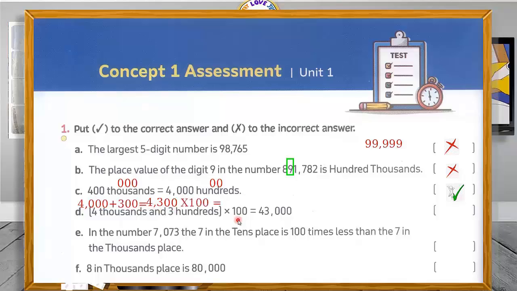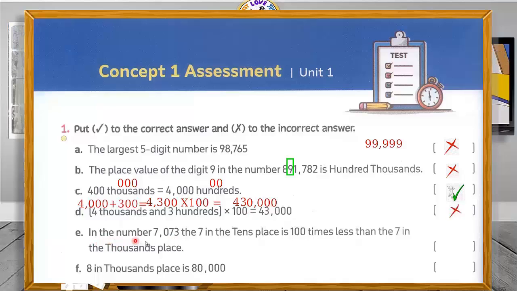Now what is the answer? If you multiply two numbers and you have zeros, put all zeros out. We have 2 and 2, so write 4 zeros out, but don't forget to put a comma after each 3 digits. 1 times 43 is 43. The right answer is 430,000, and the answer here, 443,000, is not right. So D is not right.